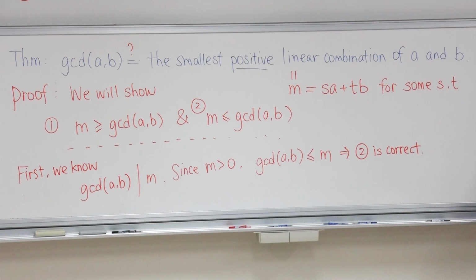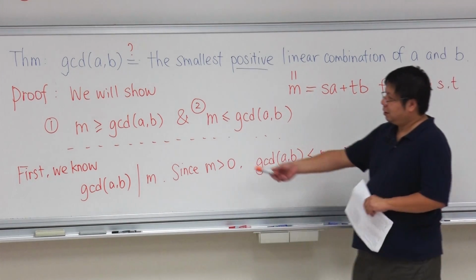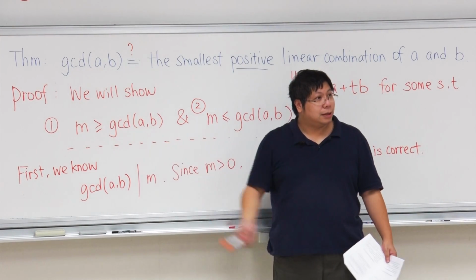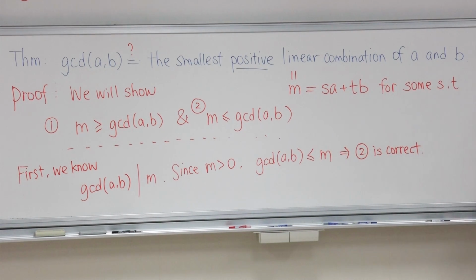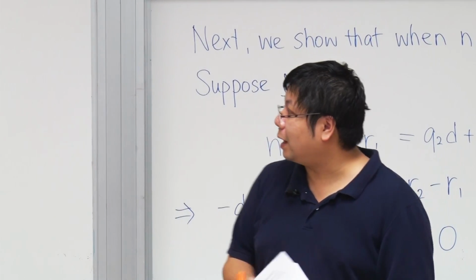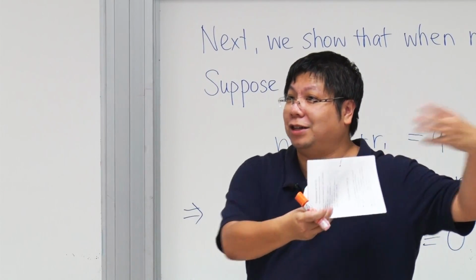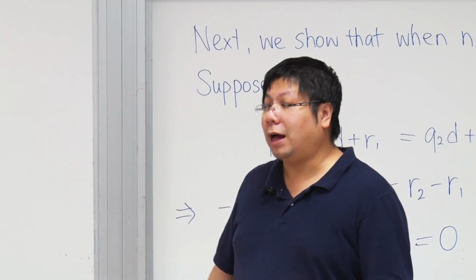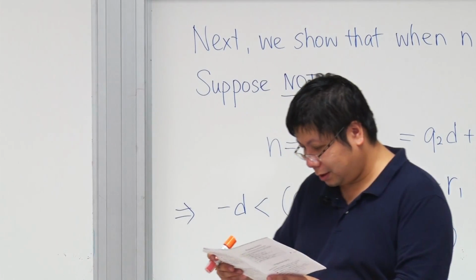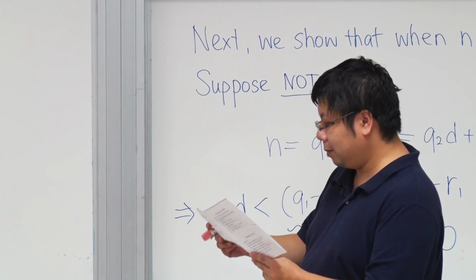Now, how do we show that M is greater than or equal to the GCD of A and B this time? This is going to be strange. This is the smallest linear combination of A and B, and how do we ensure that this smallest number is still large enough to be greater than or equal to the GCD of A and B? We don't know how large it is.